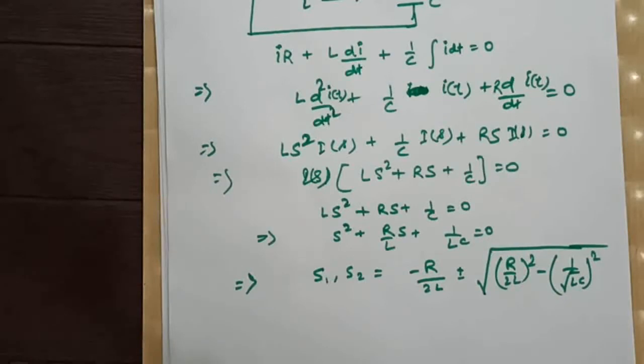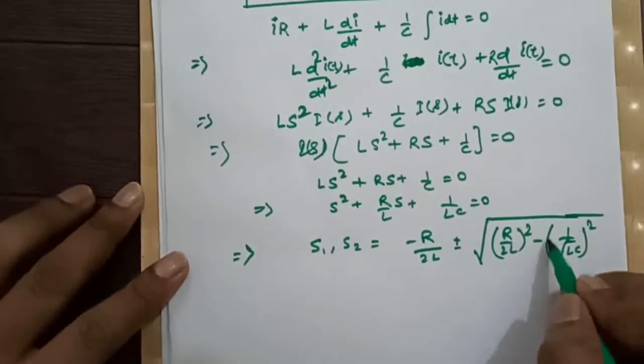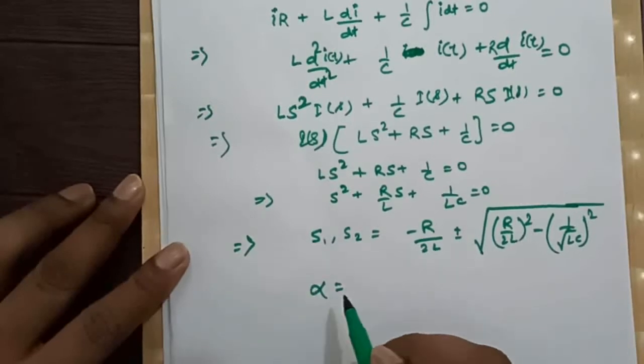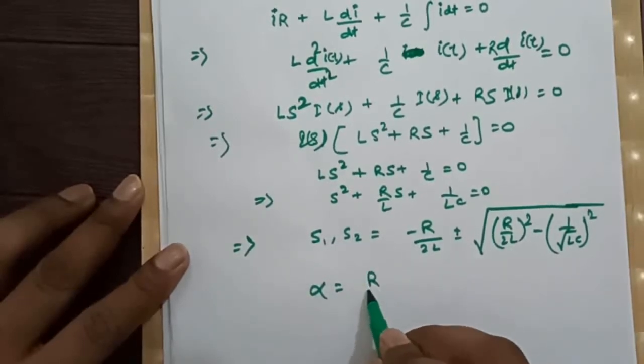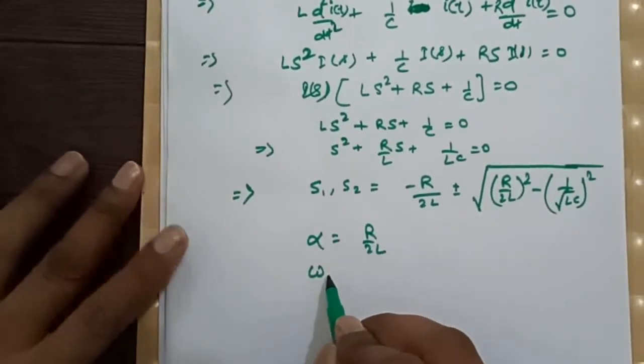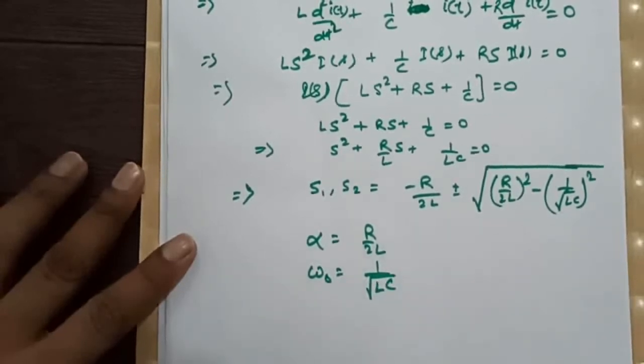Clear? Now let us say this part is one factor and this part is another term. Say alpha is equal to R by 2L and this is omega naught is equal to 1 by root LC.